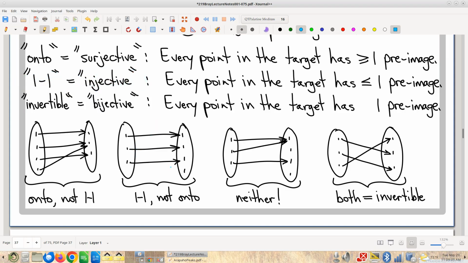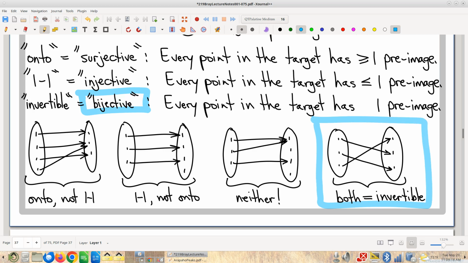Okay, and then bijective means exactly what it sounds like. It's both of the jectives, right, so injective and surjective. And if you draw a picture of a function that is both injective and surjective, persuade yourself from the picture: if every output has exactly one corresponding input, exactly one pre-image, then you can invert this function.